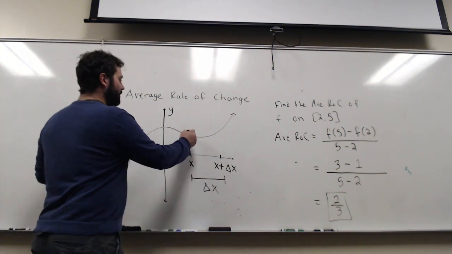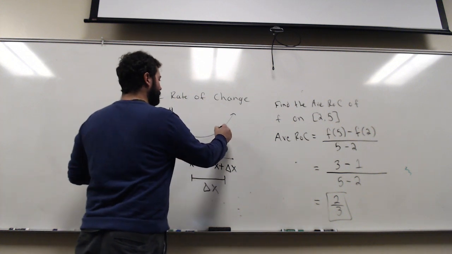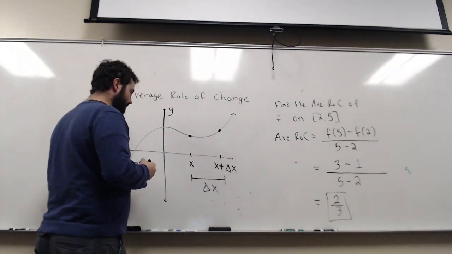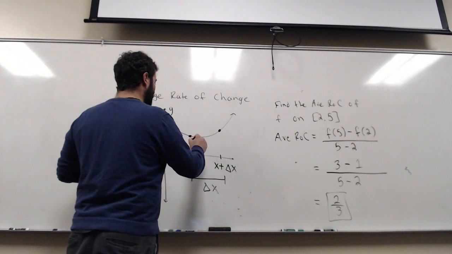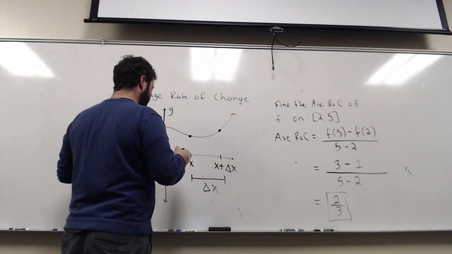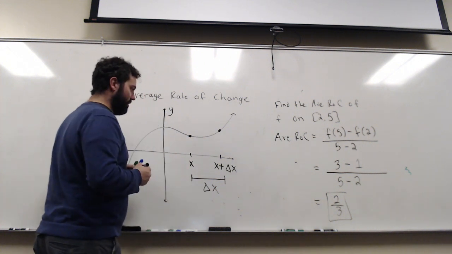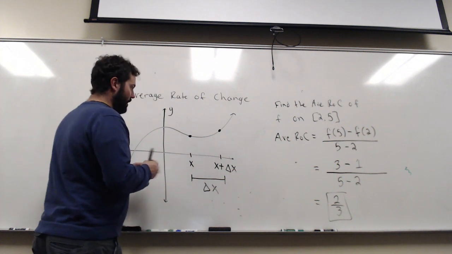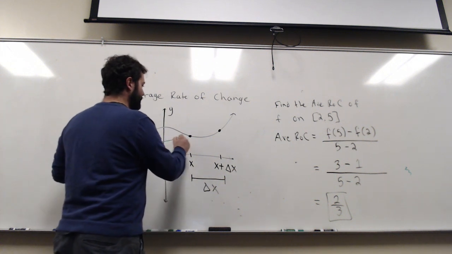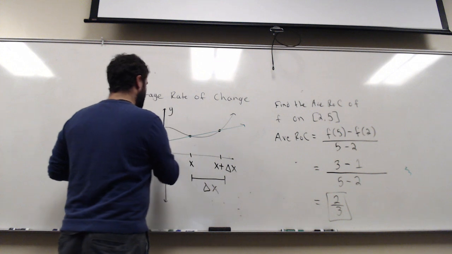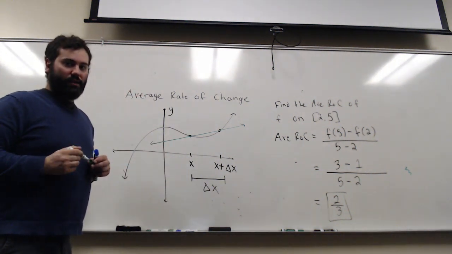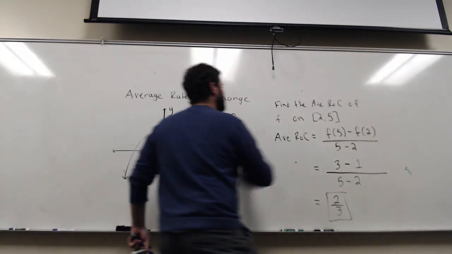You'd still come up to the graph, and it's going to correspond to 2 points. Let me say that again: the average rate of change is going to be the slope of the secant line between those 2 points.